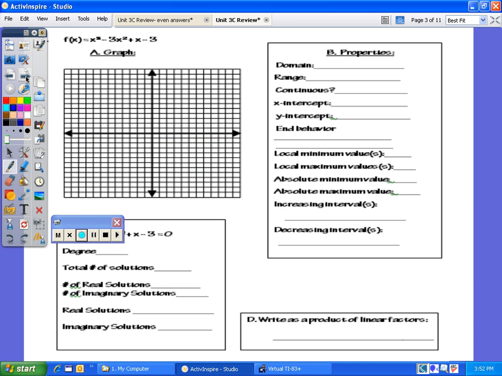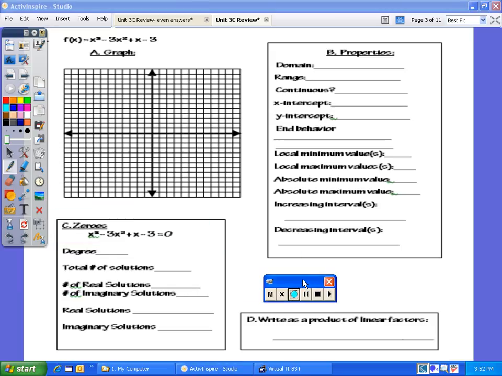Alright, next one is number 2. Number 2 is a cubic, so I'm going to put that in my calculator. And when I look at the cubic, I notice that it only hits the x-axis at one point.